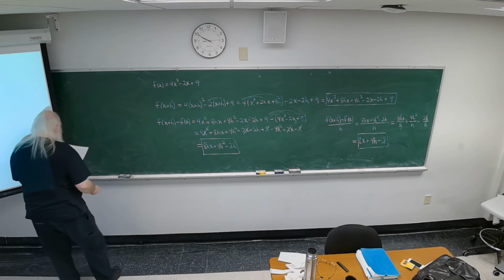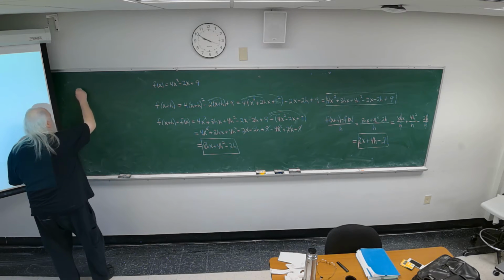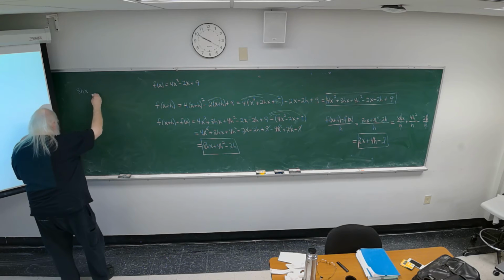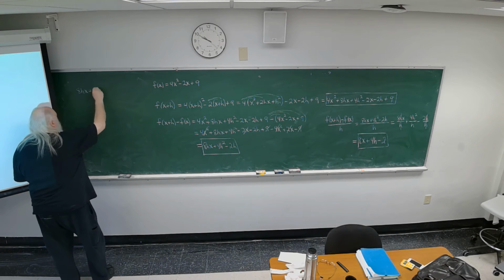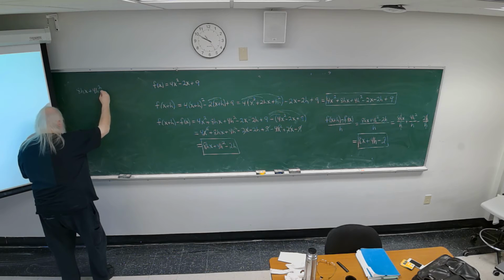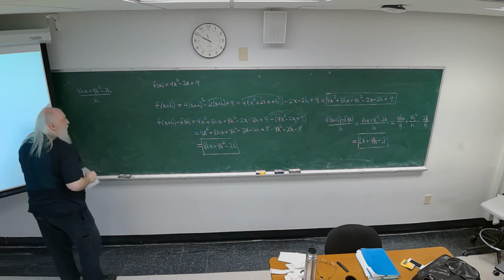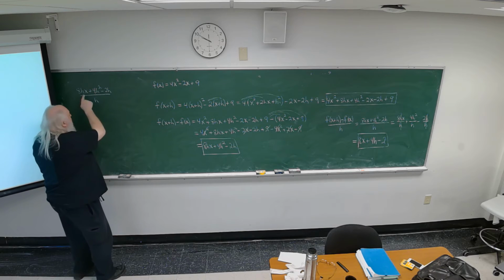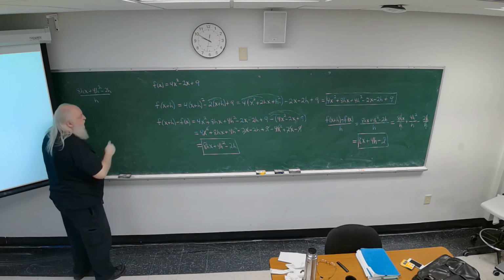So what she's saying is we have 8hx plus 4h squared minus 2h over h, right? You can factor out an h in the numerator, right?